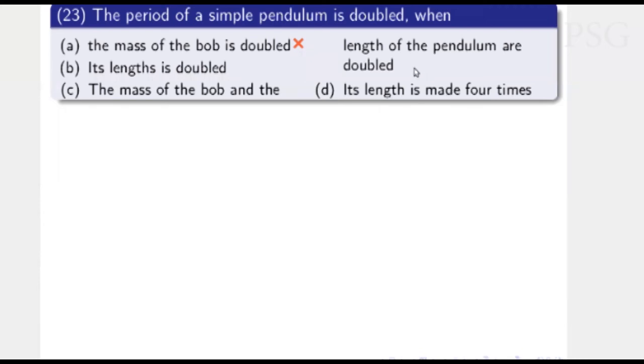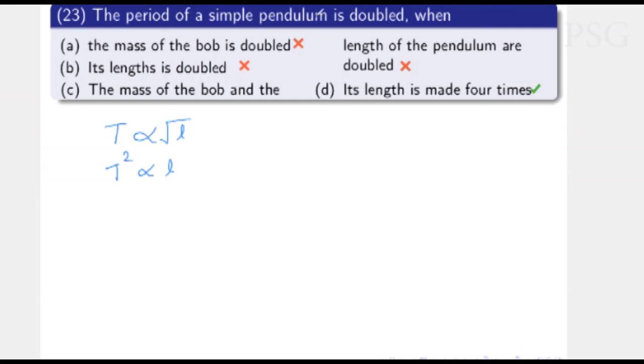Length is made 4 times, correct. C is also wrong as it involves mass. There are only two options, B and D. Yes, option D is correct as time period is root of L. T is proportional to root of L. So what do you get? If you square it, T squared is proportional to L.